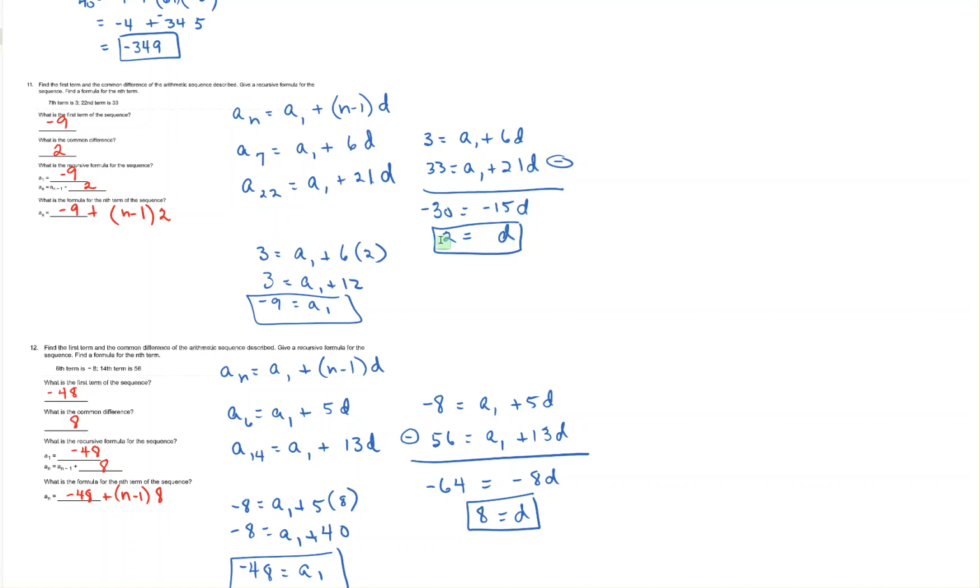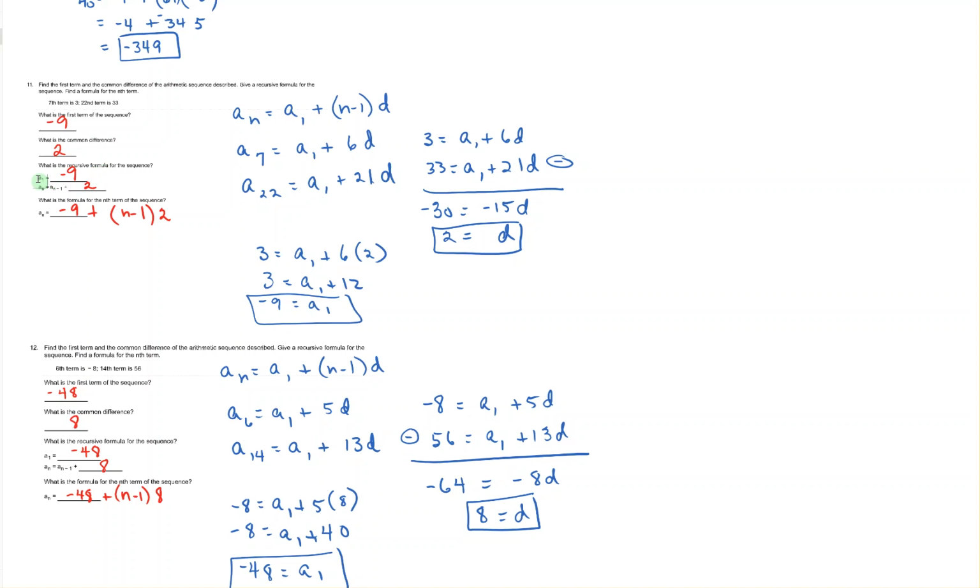So d is 2. And then we can plug into one of these to get a sub 1. So 3 equals a sub 1 plus 6 times 2. That's 12. Subtract the 12. So negative 9 is a sub 1. So negative 9 goes here, 2 goes here.